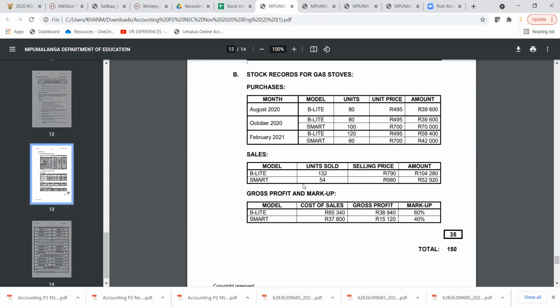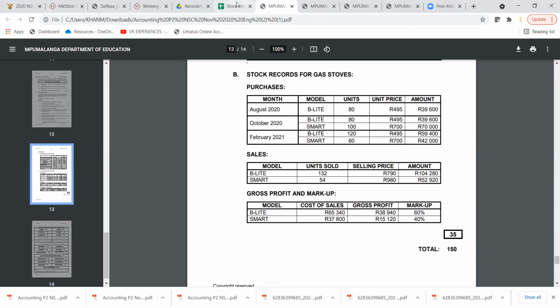So there's no opening inventory, it seems. So we can work out what is the closing stock. Let me just see. So we have October, B light, and smart. Okay. So now we can work out from the specific identification how many units are on hand.